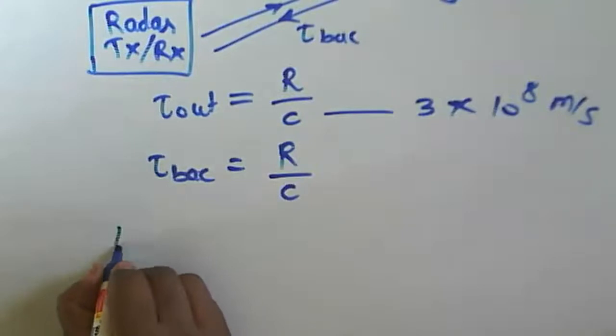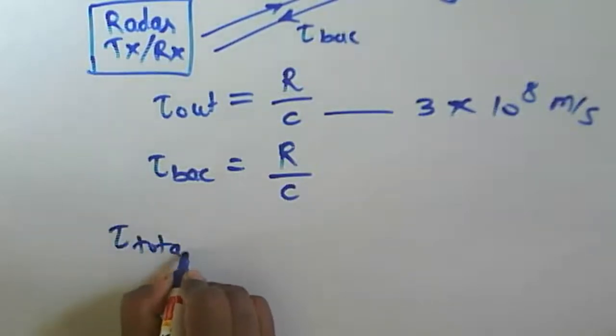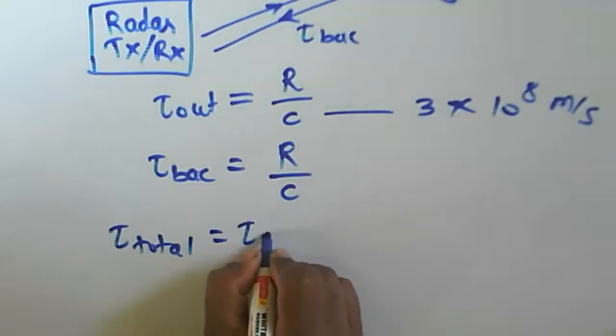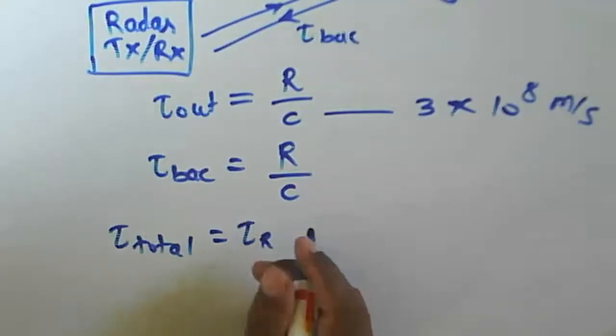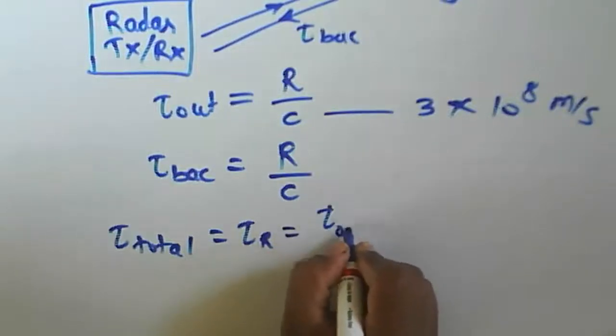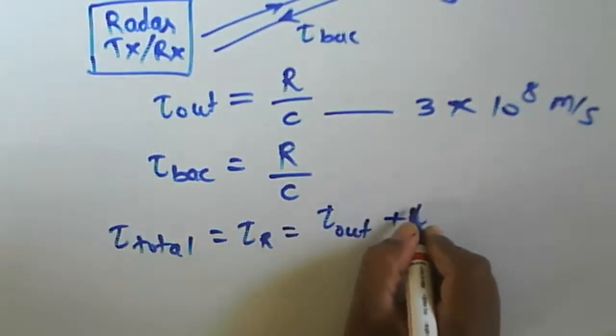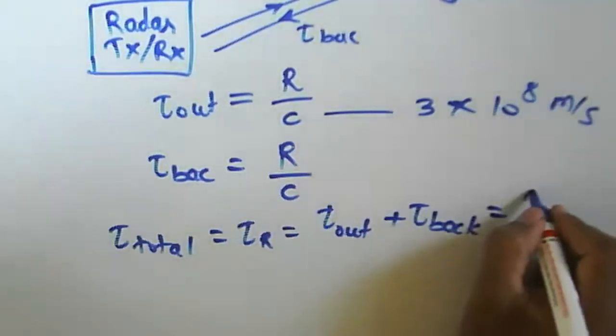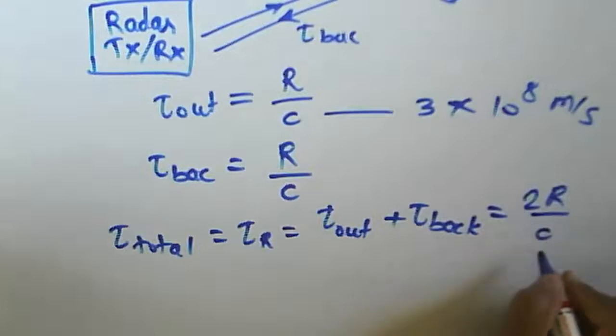So we can say T total, the round trip time, is equal to tau out plus tau back, which is equal to twice R by c.